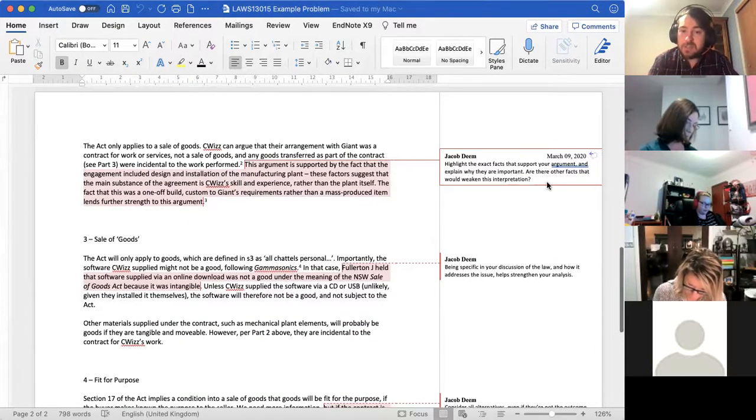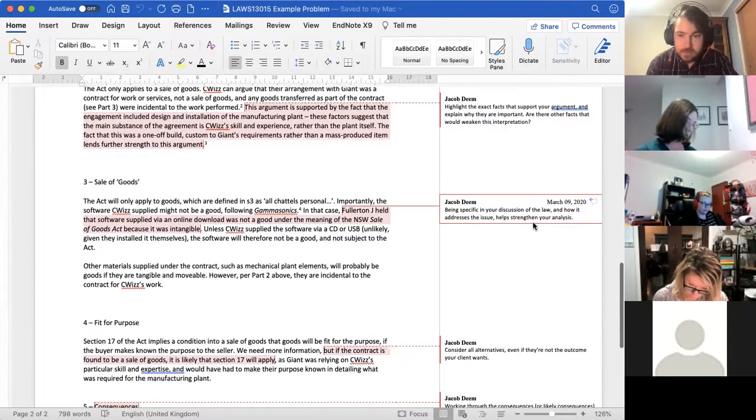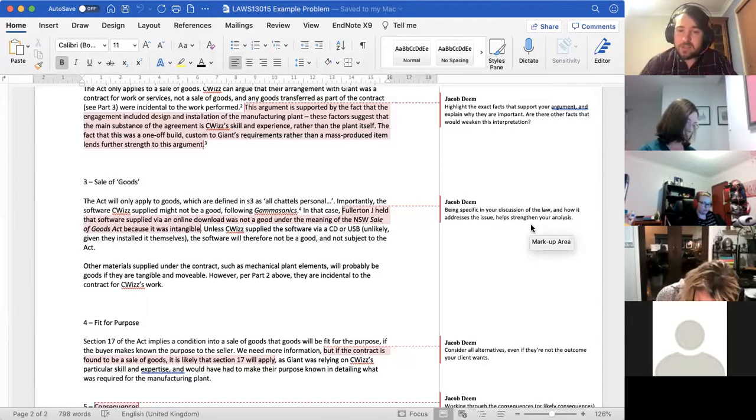Again, just being really specific about the facts and bringing the facts into the center of your argument to talk about how they support the argument, how they support your application and interpretation of what's going on. Similarly, being specific in your discussion of the law.